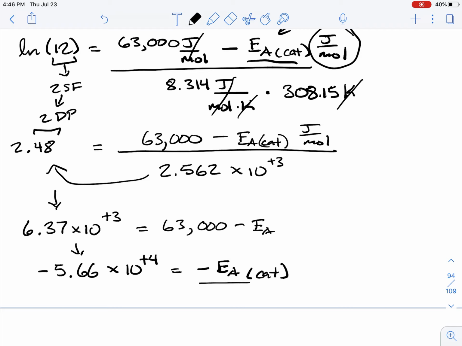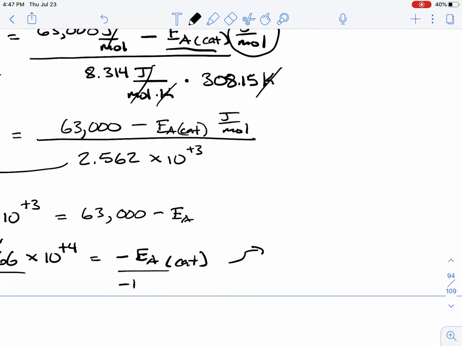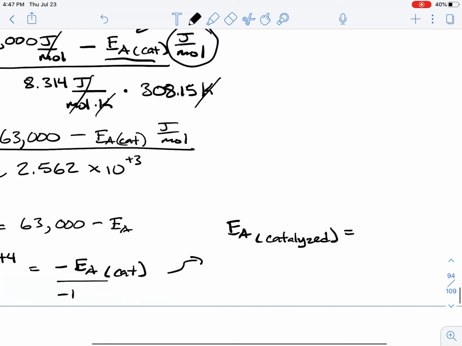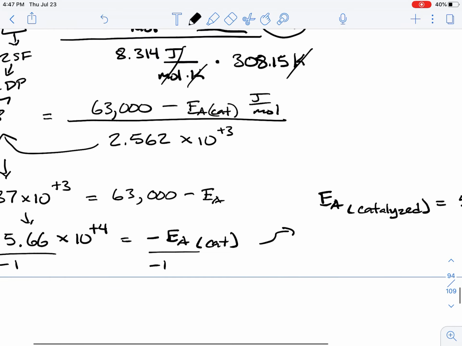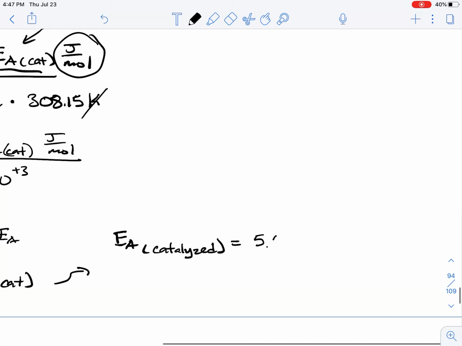And last but not least, I'm going to divide both sides by negative 1. And so my final answer, the activation energy for my catalyzed reaction, is going to be 5.66 times 10 to the positive 4 joules per mole.